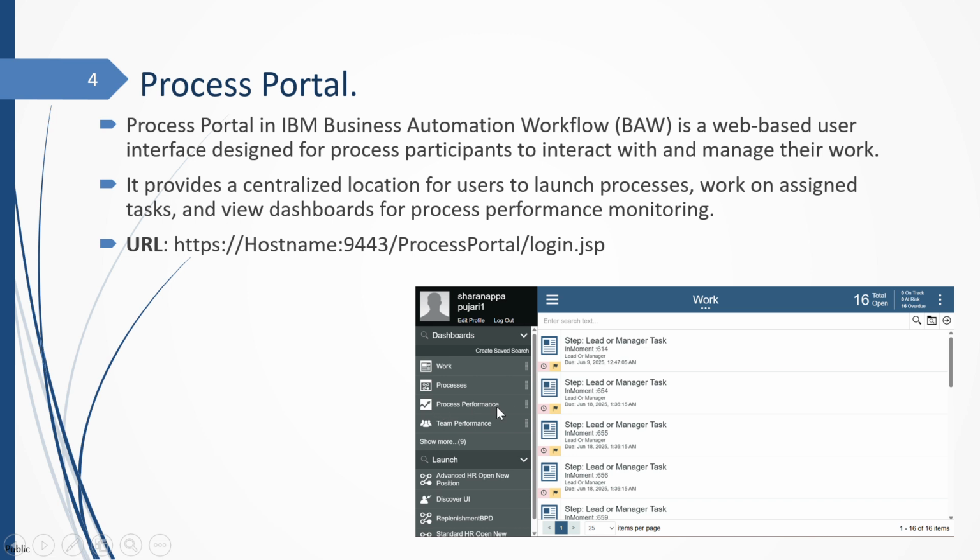We also have the Process Performance link, followed by Dashboards, which are custom dashboards exposed to the Process Portal. He can view those under the Process Portal, followed by the processes which he can start using the Launch tab. You can see those details under the Process Portal, and also you can assign the task to his name and he can work on it.